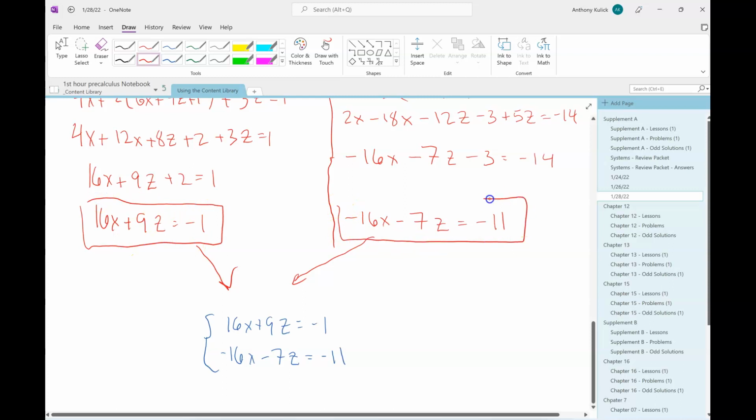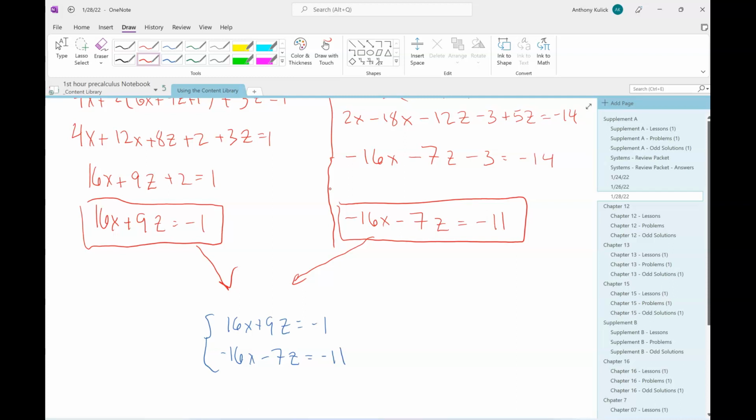And now this becomes just like a problem from last night. So if I wanted to solve this new system that I've written here in blue, would you prefer to use substitution or elimination in this case? I would use elimination also.